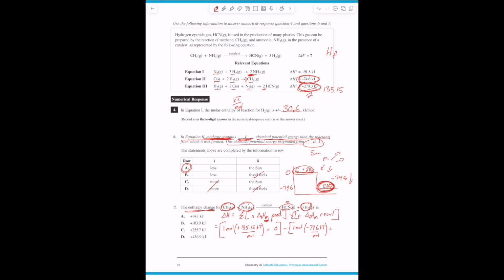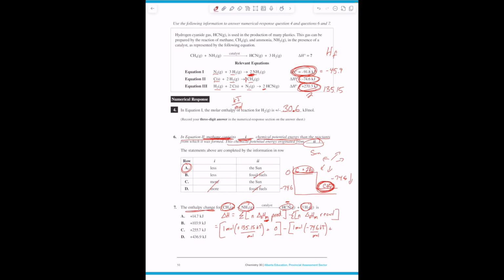Plus ammonia. And ammonia's number is 91.8 when there's 2 of them. When I divide that by 2, I get negative 45.9. That's the number that would be in the data book. I think that one is in the data book, ammonia.